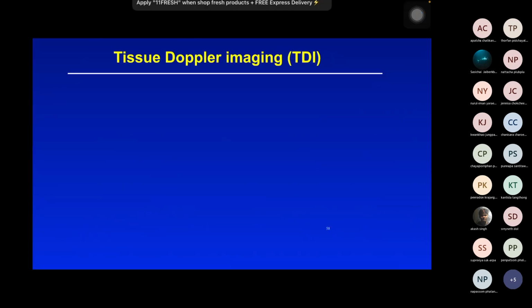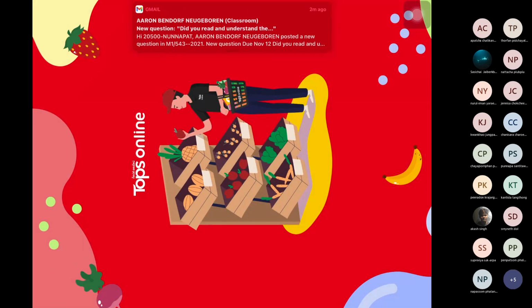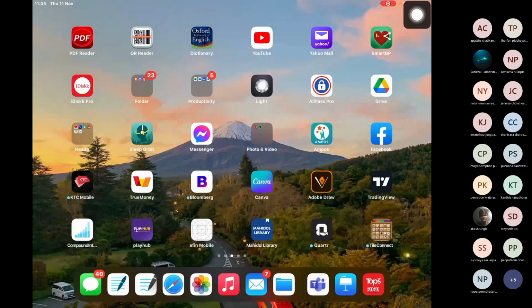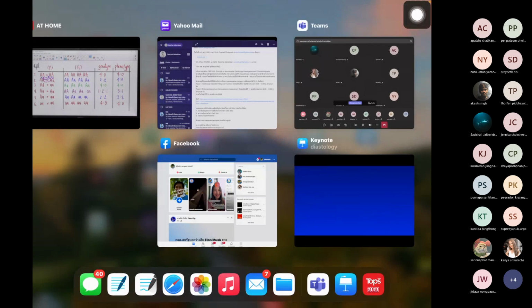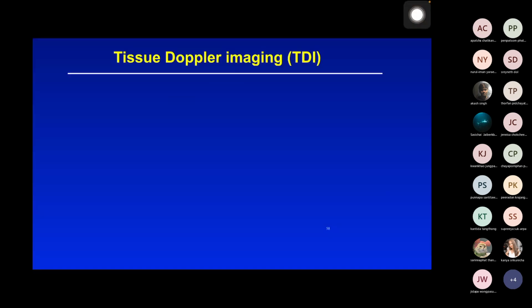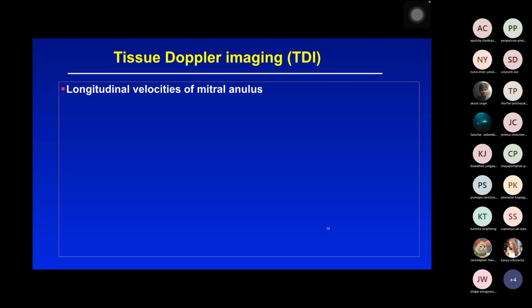Okay. The next one. About the MV inflow, you should know about the E/A ratio, IVRT and DT.